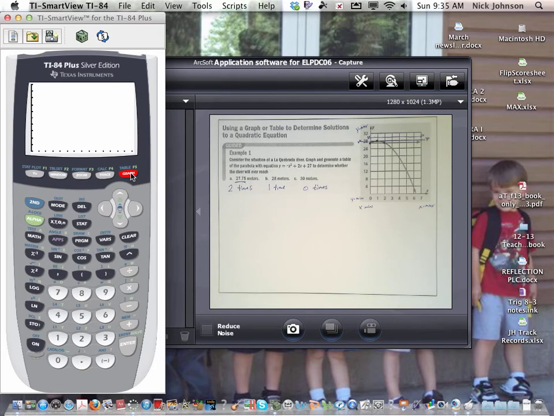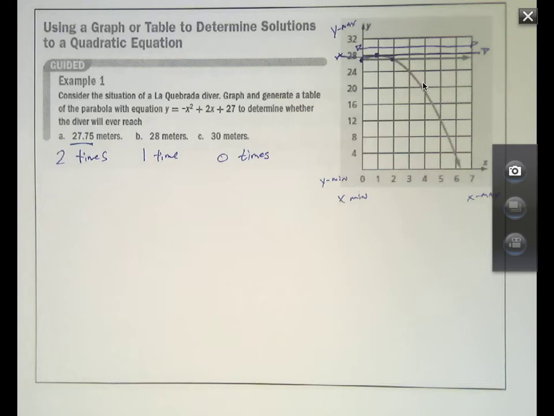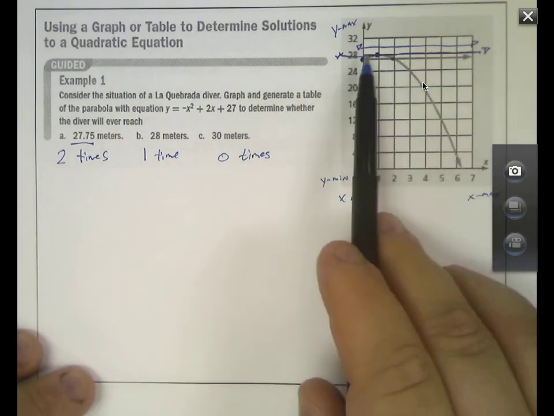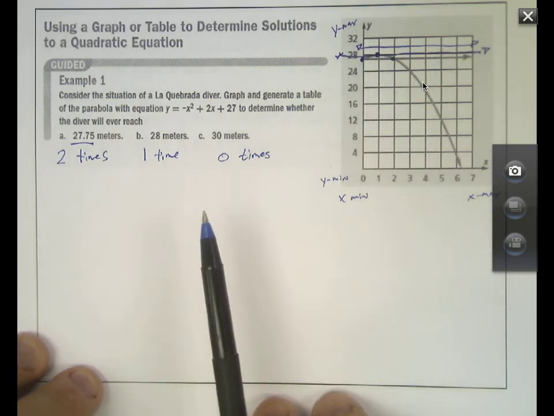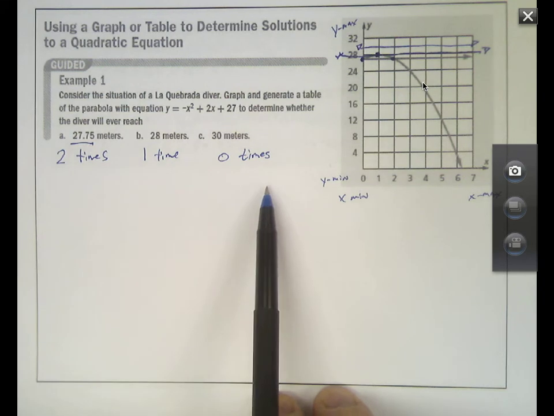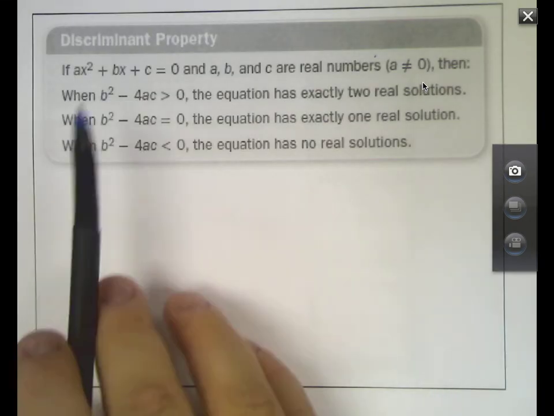That's going to generate my graph and get closer and closer to where I can see it more clearly. I don't know, there's something wrong with my calculator at this point, so we'll just move on so I'm not wasting time. But as you can see, by looking at your graph, you can tell how many times it touches each one.